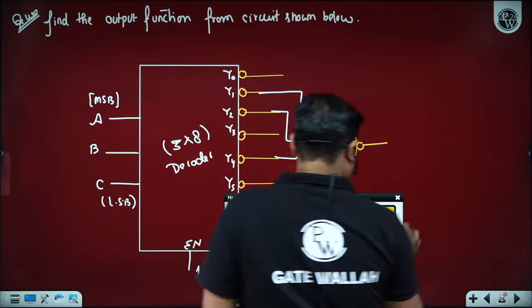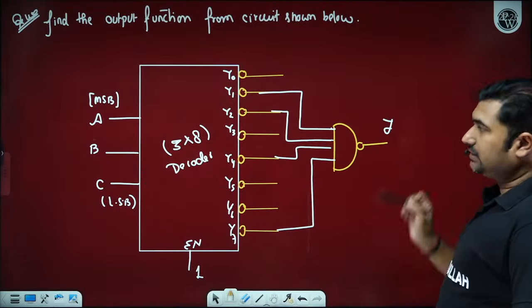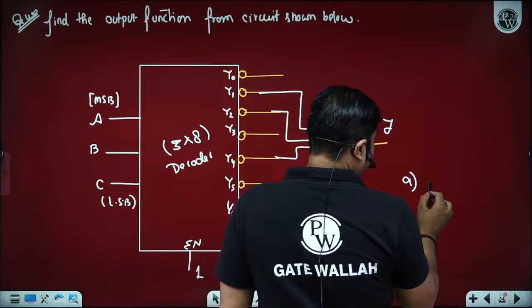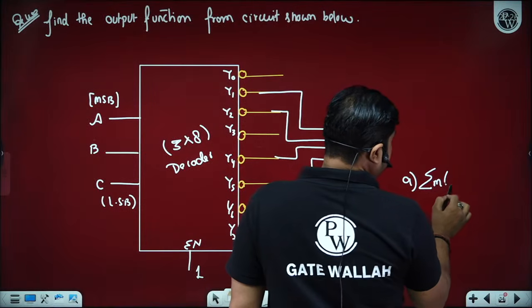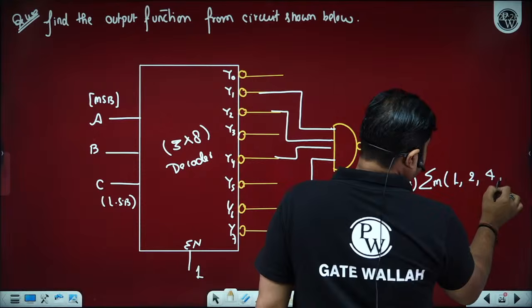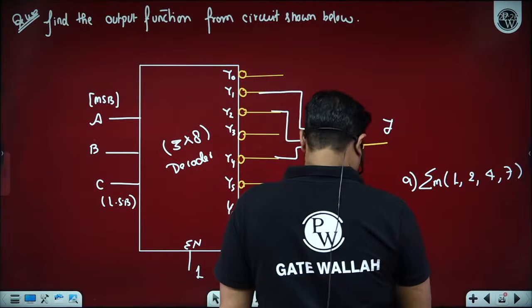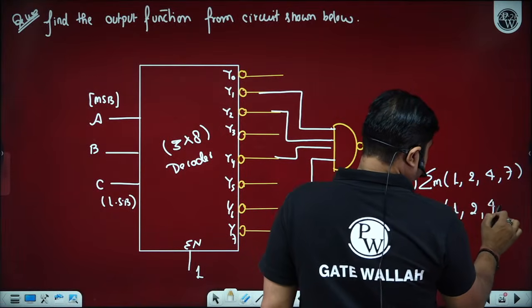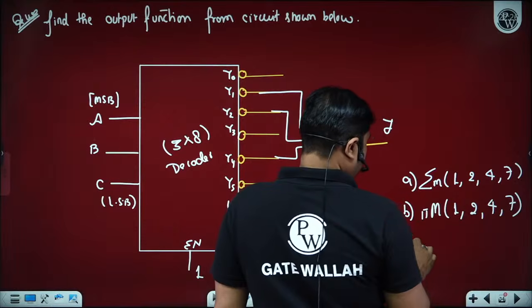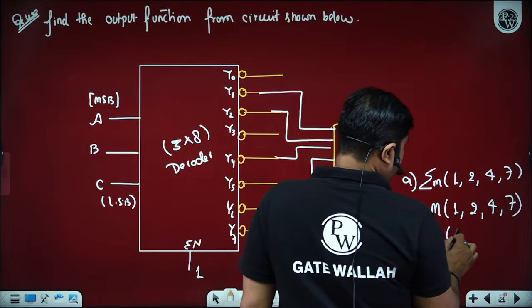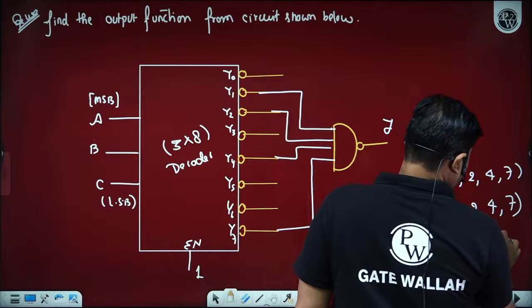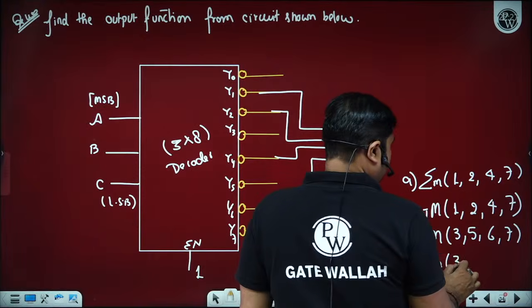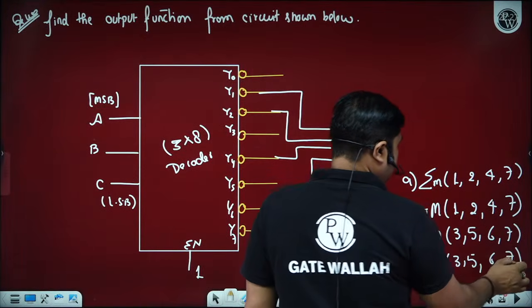Can you tell me, beta ji, what is the output function y? Output function y is summation of m 1, 2, 4, 7, or output y is product of M 1, 2, 4, 7, or product of M 3, 5, 6, 7, or summation of m 3, 5, 6, 7.